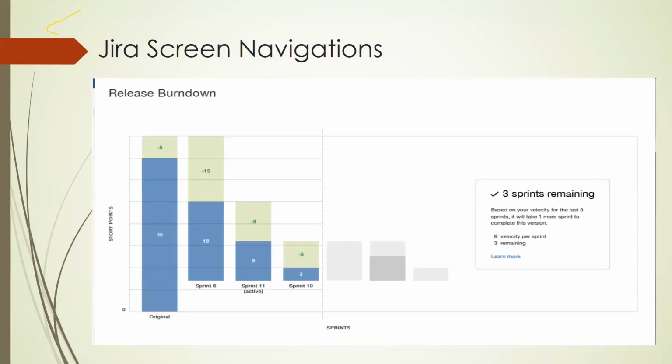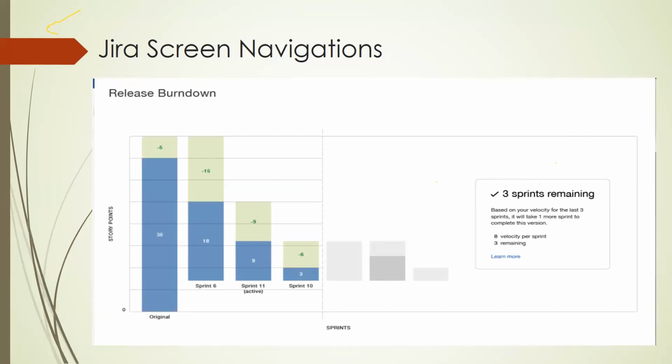No. Okay. The next one is the release burn down. Do we understand this graph? Original sprint and then story points. Have you ever seen this? Have you worked on this before in our nurturing session?